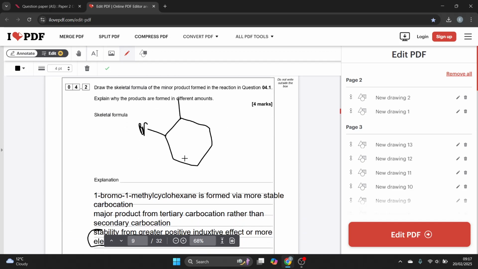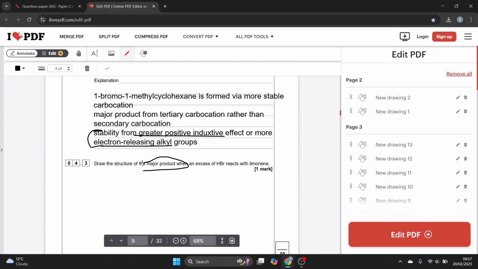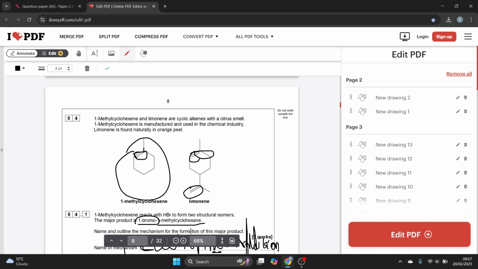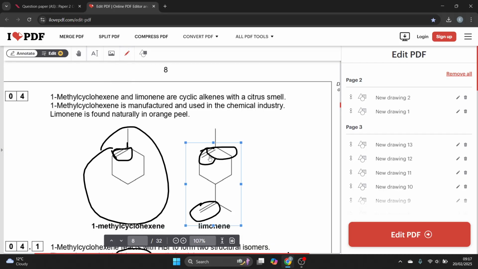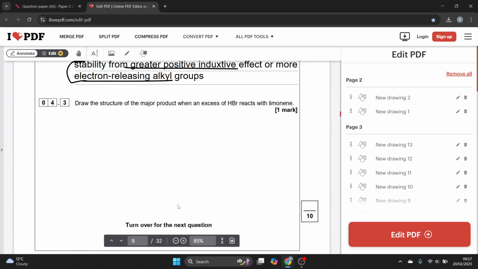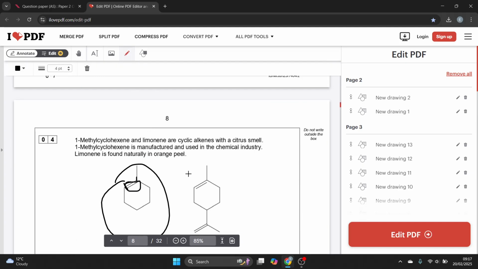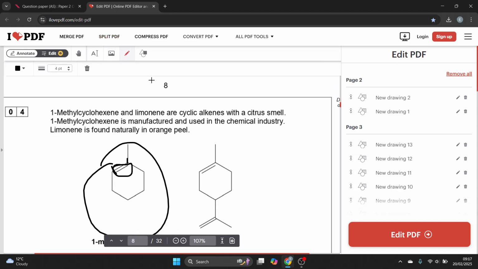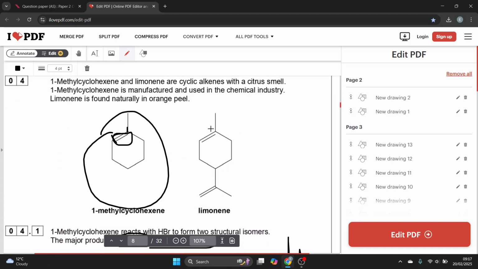And it's asking for the major product, and that's really important. Obviously, I'm going to have my Br on either side of a carbon-carbon double bond. But because I want the major product, I'm not going to have it here because that's going to be a secondary carbocation. I'm going to have it here because that will be a tertiary carbocation.